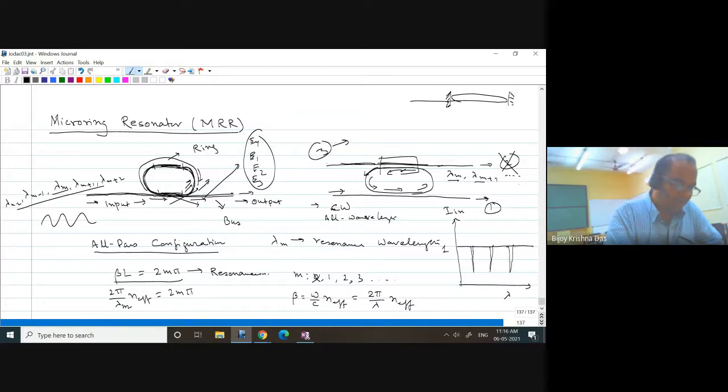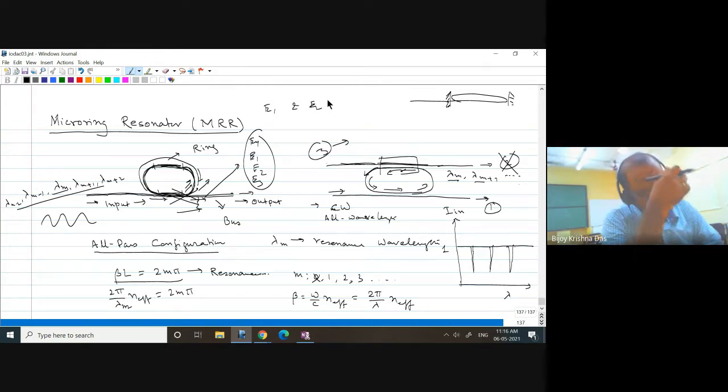And one round trip means 2 pi. Then when coupling outside again, pi/2, 2 pi, and then again pi/2. So what is the phase acquired after one round trip when it is coming here? Suppose I just compare E1 and E2, what is the phase difference?